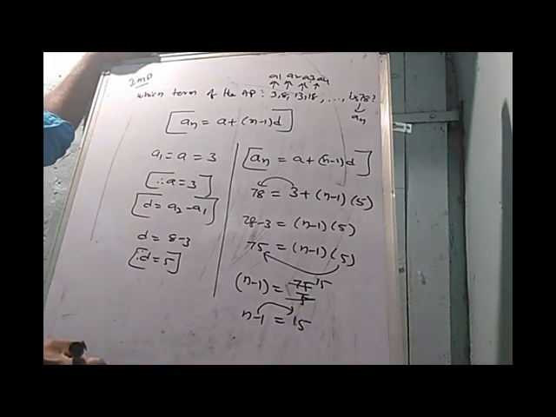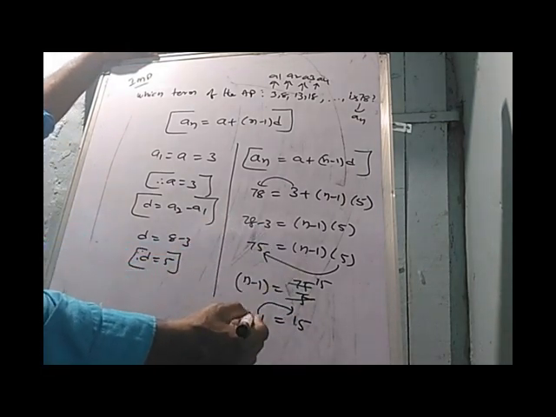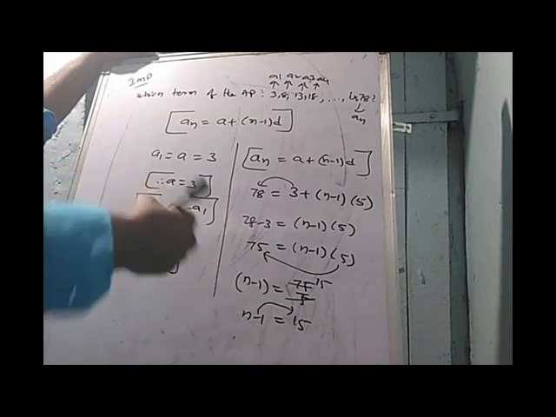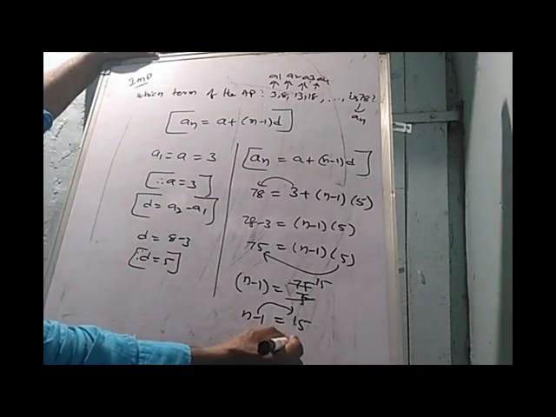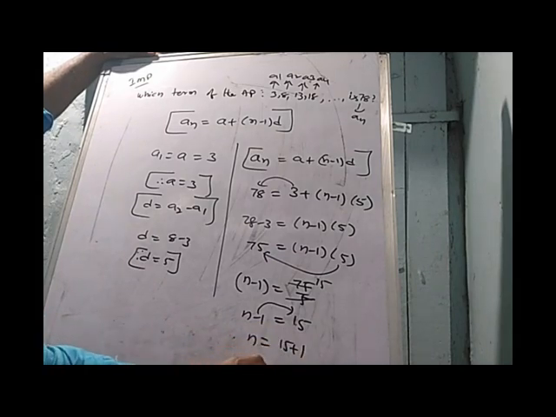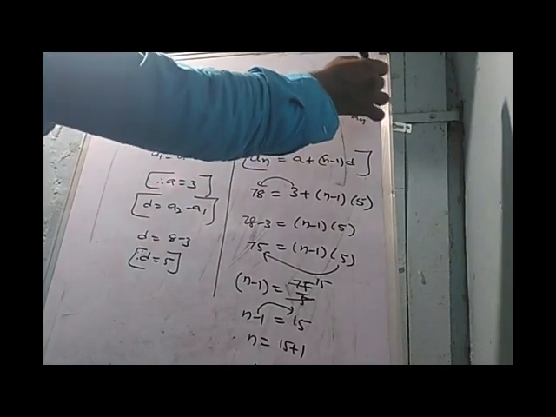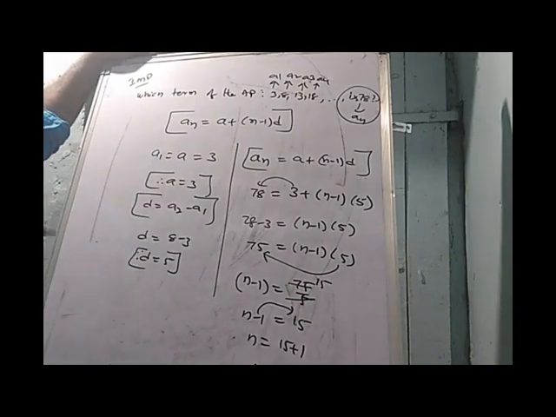Minus 1 also transposes. When it is transposing from one side to another side, the sign should be changed. Minus becomes plus. n equals 15 plus 1. Therefore n equals 16. Therefore, what should we write as the conclusion? The 78 in this series is the 16th term. Thank you.